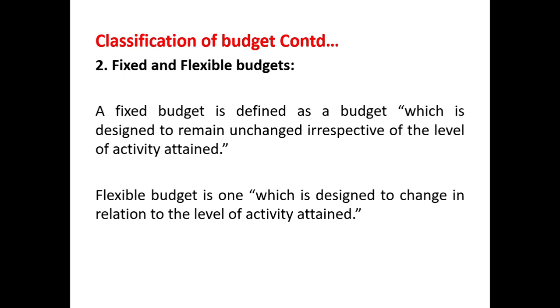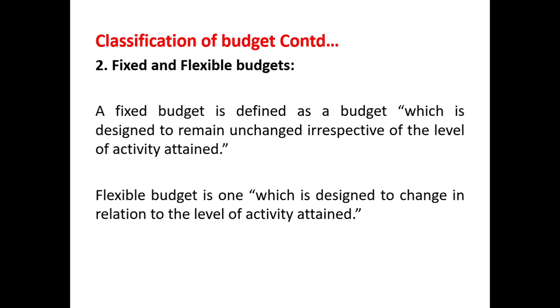First we will discuss the meaning of fixed budget. A fixed budget is designed to remain unchanged irrespective of the level of activity attained. If the production increases or decreases, the fixed budget will remain the same. If the sales increase or decrease, the fixed budget will remain the same. That is called a fixed budget.